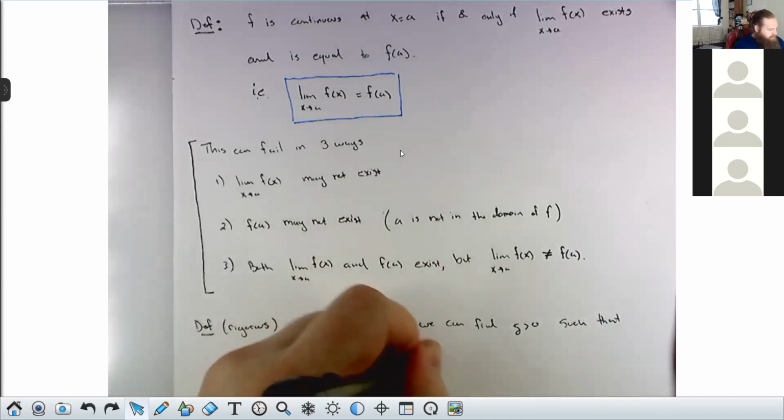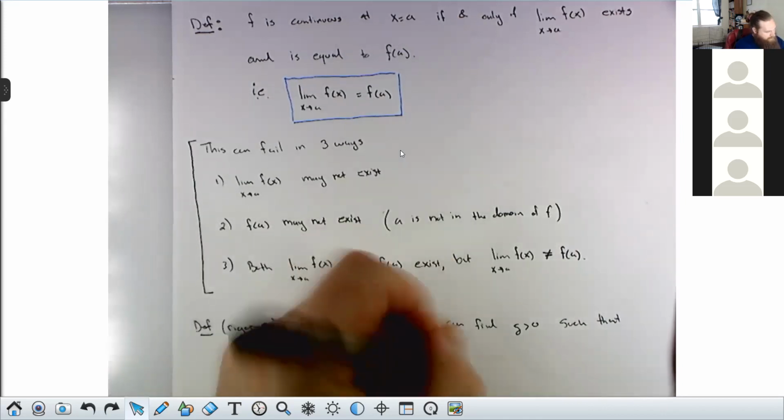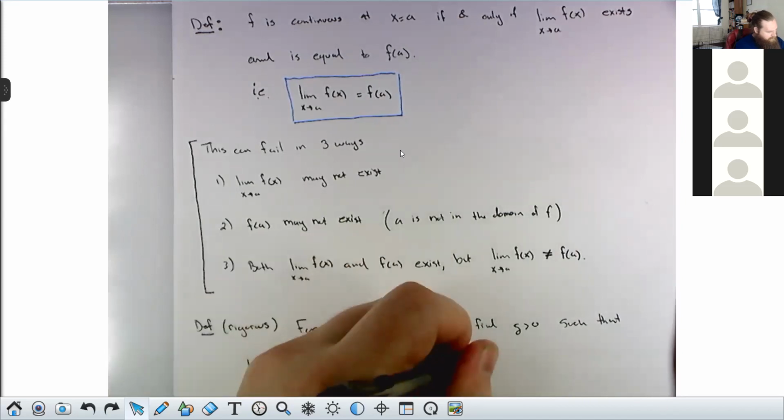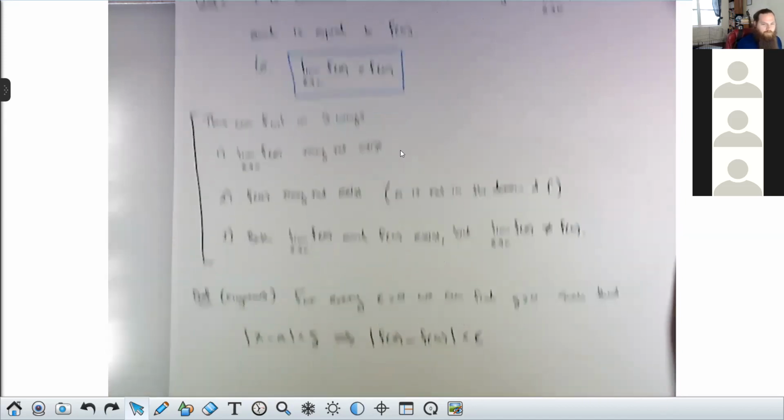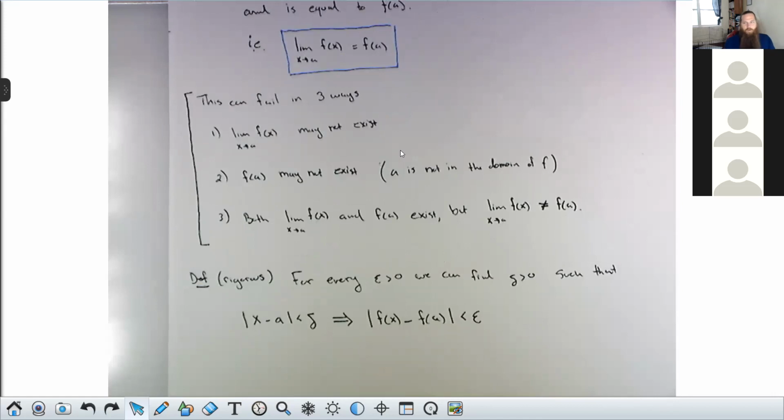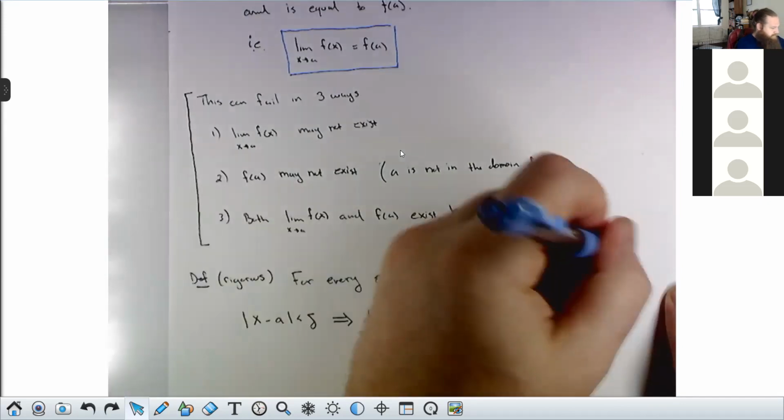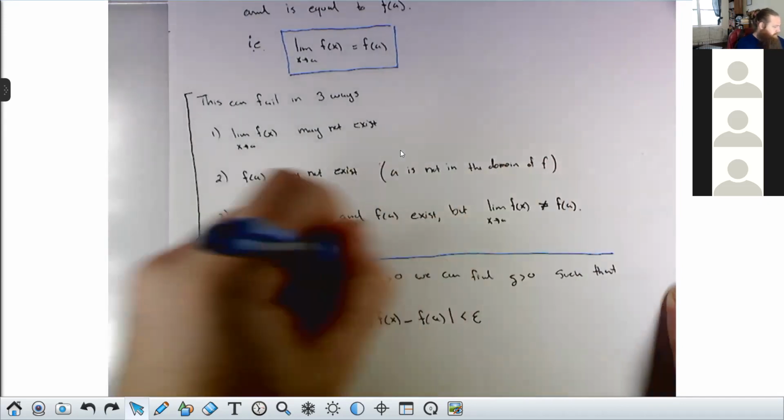So f of x minus f of a is less than epsilon. That's the only difference. But you swap the L for f of a because you're saying not only does that limit need to exist, it needs to be equal to f of a. So this is what it means to say that f of x is continuous at x equals a. And it's equivalent to the blue box up above.